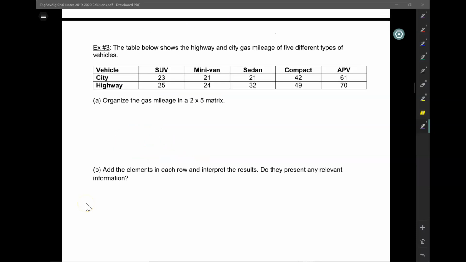All right, next we're going to do a real life example. The table here shows the highway and the city gas mileage of 5 different types of vehicles. So we have an SUV, a minivan, a sedan, a compact, and an APV.